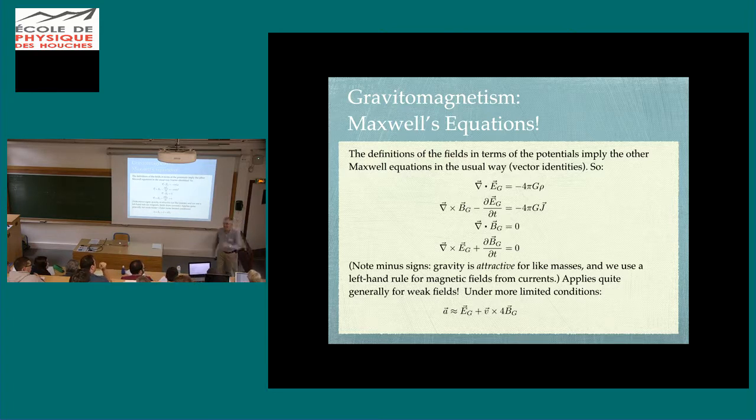Can this formalism help us calculate, or at least give us an idea of, the amount of energy carried by gravitational waves? That is, can I define something like the Poynting vector for these gravitomagnetic fields?